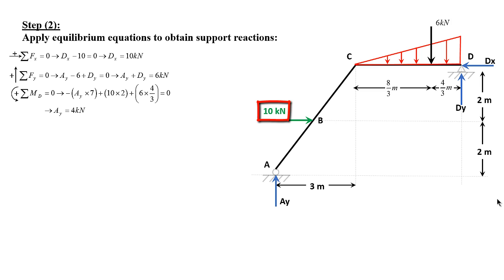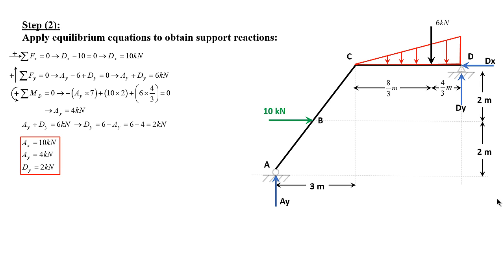Then I'll add 10 multiplied by 2, and that's positive because it's going along with the sign convention, plus 6 times 4 over 3, and that should equal 0. If I solve for AY, I'll get 4 kilonewtons. Now I can go back to AY plus DY equals 6 and solve for DY: 6 minus 4 equals 2 kilonewtons. So in summary, I have AX, AY, and DY as shown.